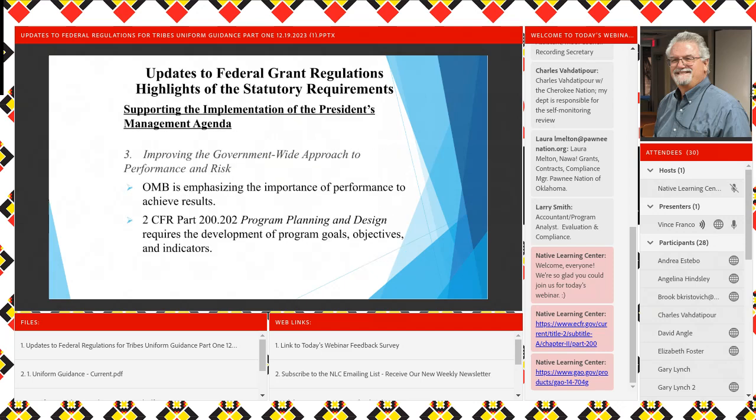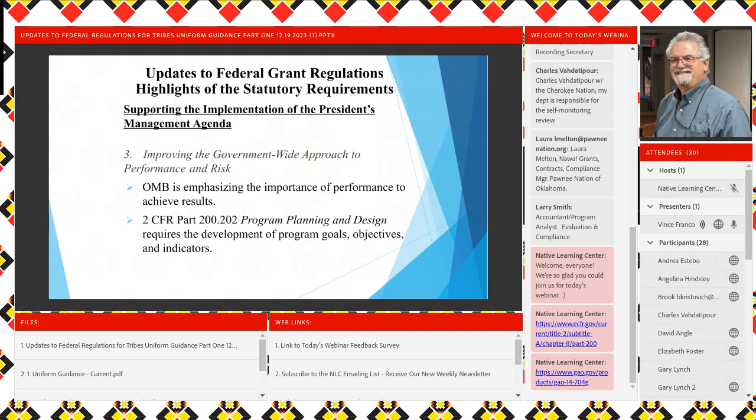Jumped over one. 3, performance and risk. This is a big issue, even though it's just barely scratched the surface here. Improving the governance-wide, which means agency-wide approach to performance in government. What this means, folks, is there's more and more pressure being put on the federal agencies to move towards performance-based measurements and risk mitigation, two separate things, but they're both equally important.